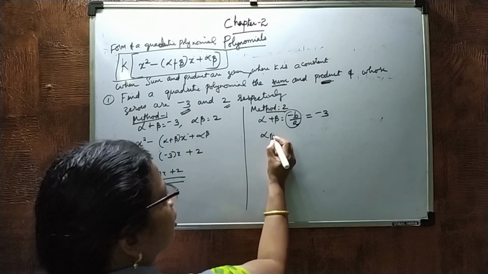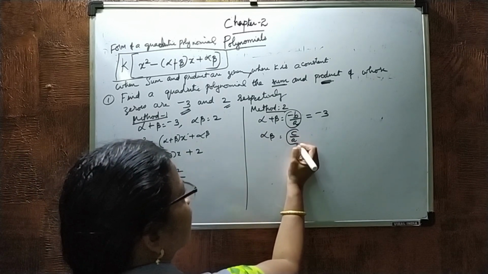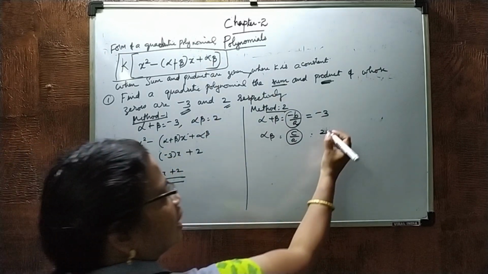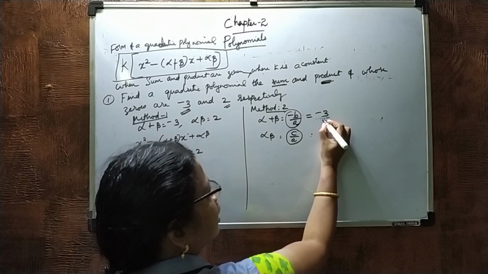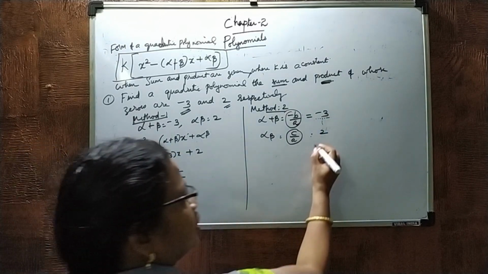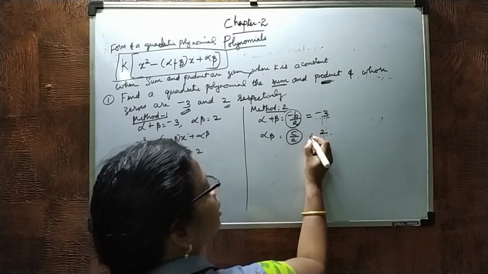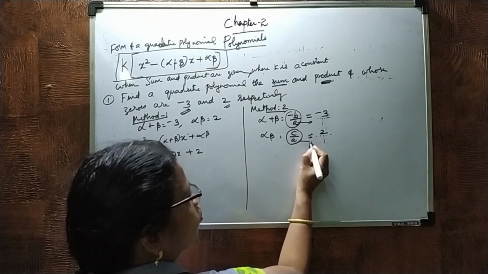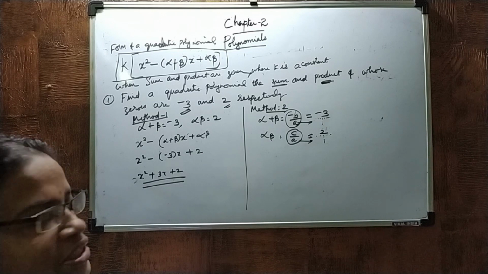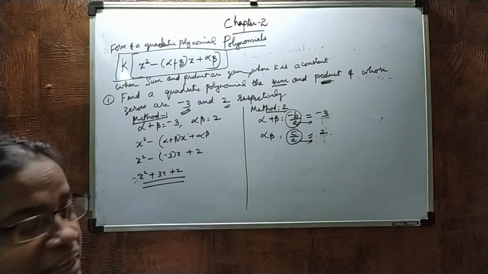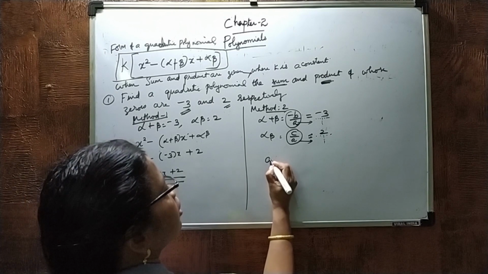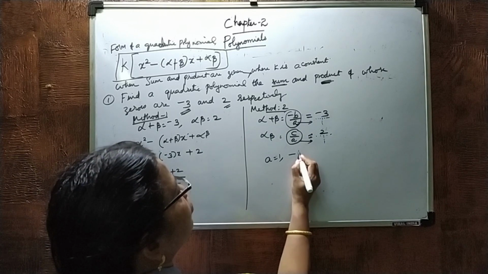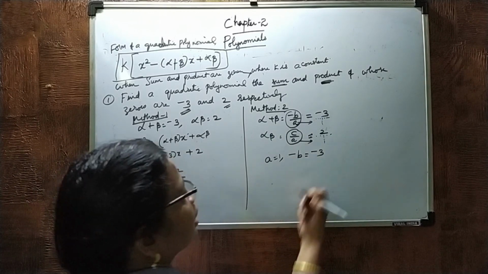Then alpha beta equals c by a, and only 2 is given. That means here in -3 the denominator 1 is there, and here in 2 the denominator 1 is there. That means a is same, so a equals 1.